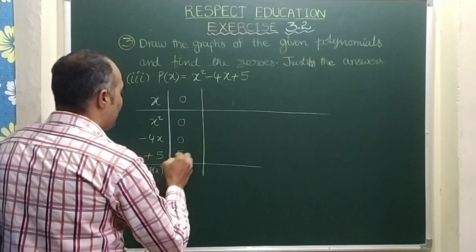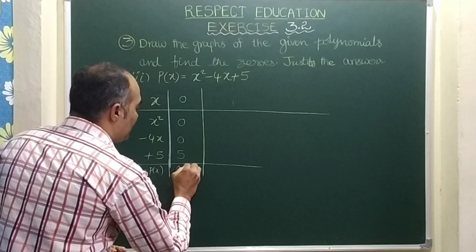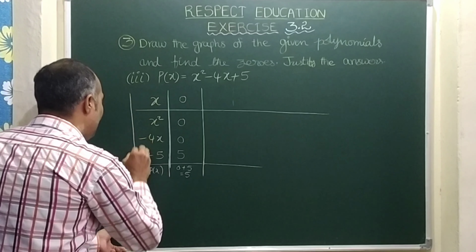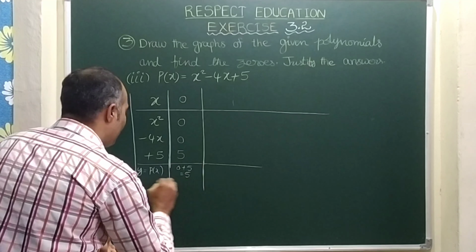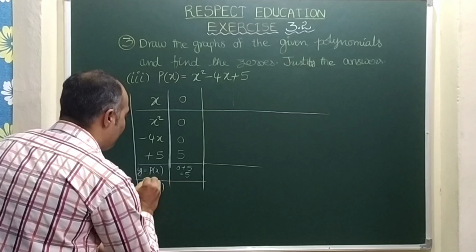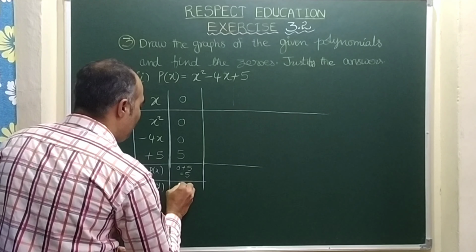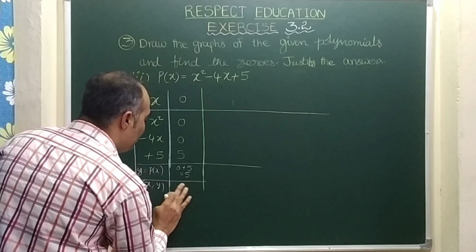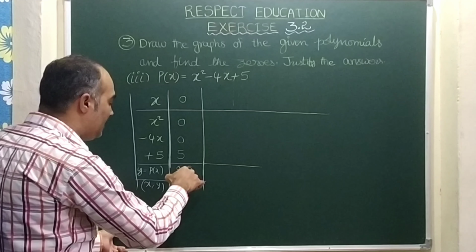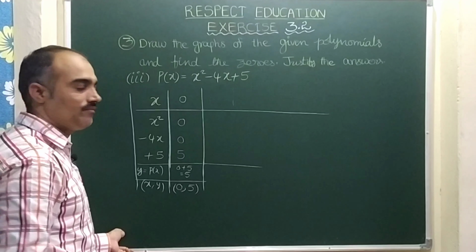So 0 plus 0 is 0, 0 plus 5 is 5. Now here let us write the ordered pair also. The ordered pair is (x, y). Here the x value is the top row, that is 0, and the y value is the last row, that is 5. So the first value is (0, 5).